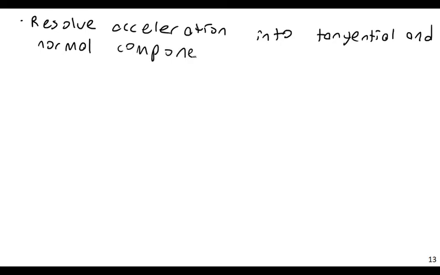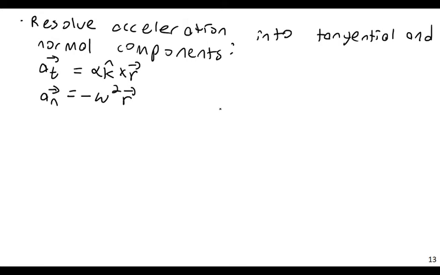what do I get? Well, I get that the tangential, a_t, is equal to alpha k cross r, and then a_n, in vector form, is equal to negative omega squared r vector.